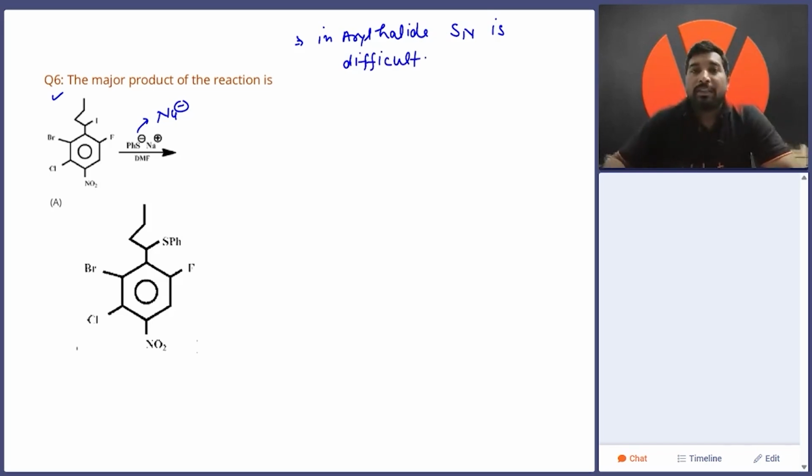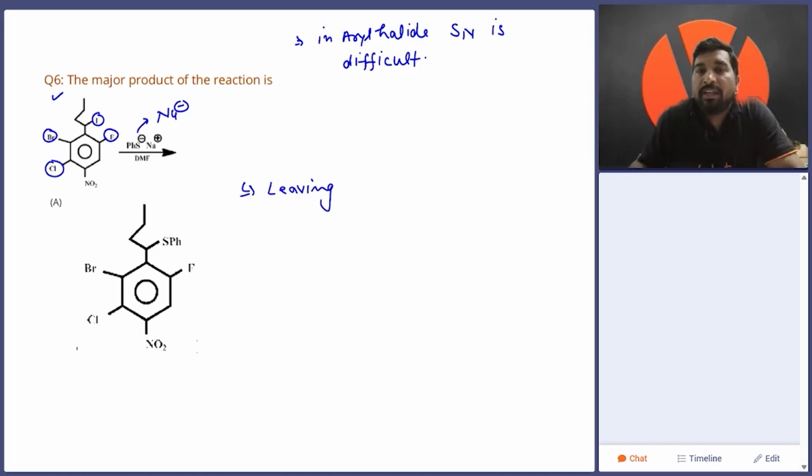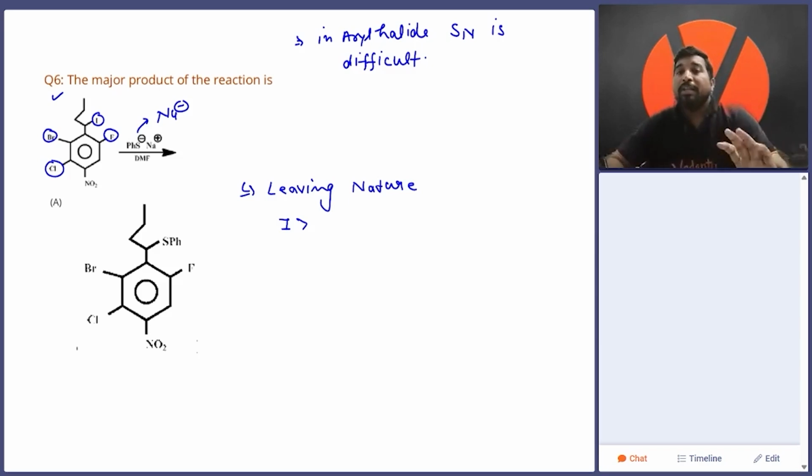As you know, in the case of aryl halide, nucleophilic substitution reaction is very difficult. And the other thing, from iodine, fluorine, bromine, and chlorine, the leaving nature: iodine is a good leaving group compared to bromine, chlorine, and fluorine.